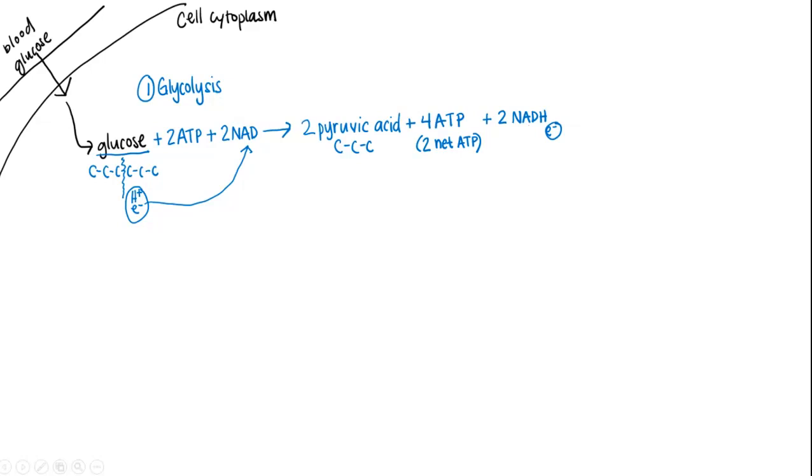I like to think of NAD as similar to Lyft. What does Lyft do? It carries passengers from point A to B. In this case, the critical passenger is the electron. Remember, the electron is carrying the energy from the food you ate. So NAD, or Lyft, is going to pick up that electron from the glucose from the food you ate.